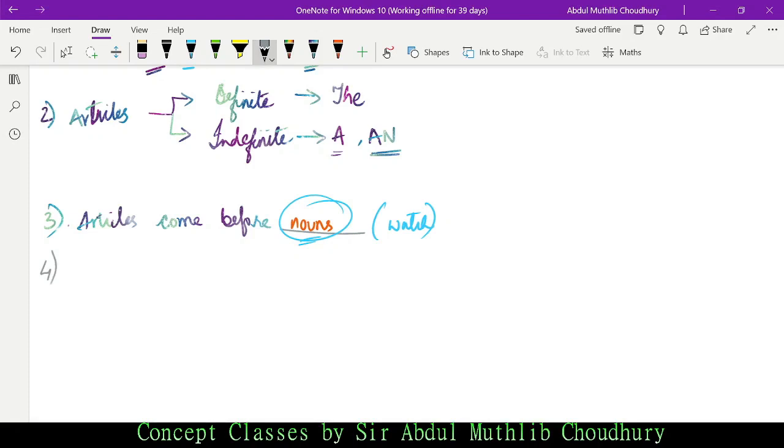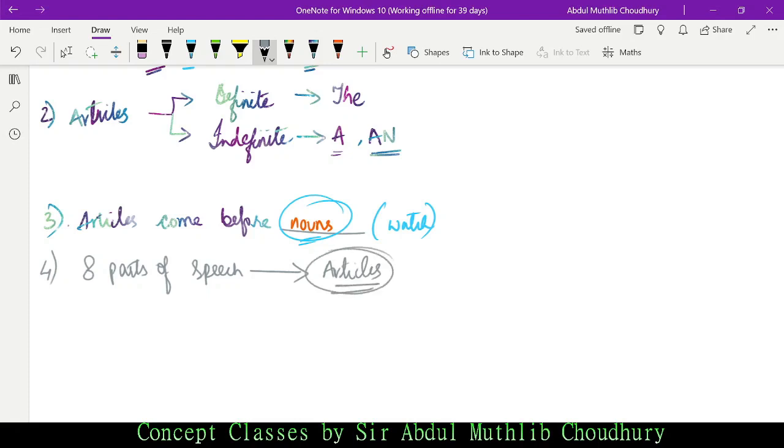The last concept which I shall deal with is, as we know, there are 8 parts of speech. In case you have been studying from me, I've already taught you the 8 parts of speech, but I have never taught you that articles are, articles do not fall in any of the 8 parts of speech.